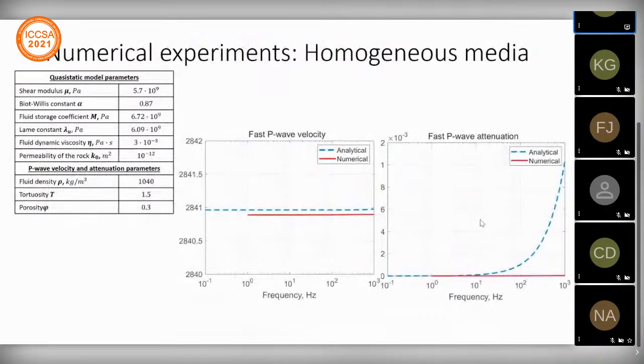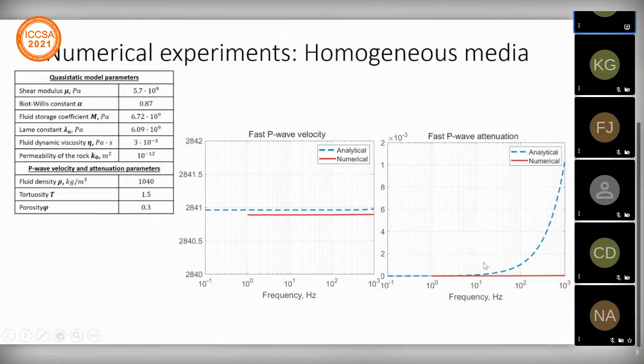And then of course we tried to test our algorithm against the analytical solution. For homogeneous medium it was quite nice, and we can estimate the frequency dependent stiffness tensor, which means that we can reconstruct the P wave. We can reconstruct the velocities of seismic waves and attenuations.